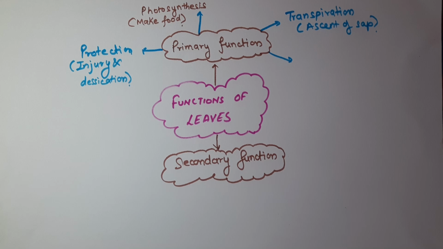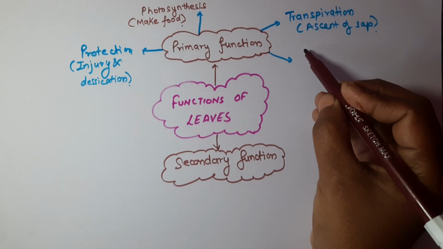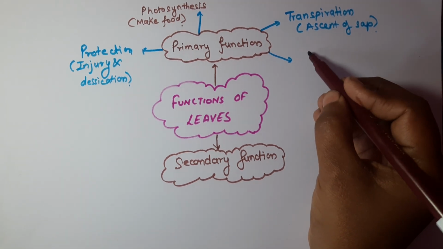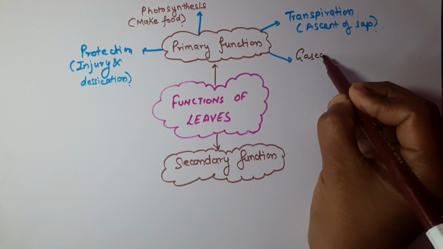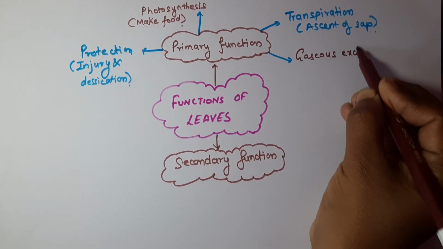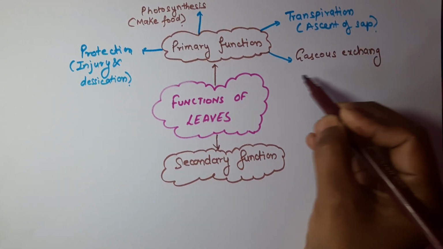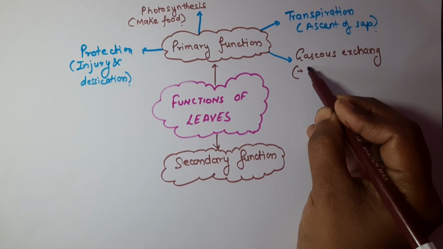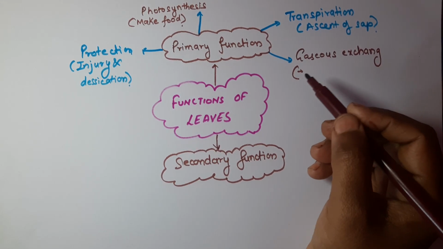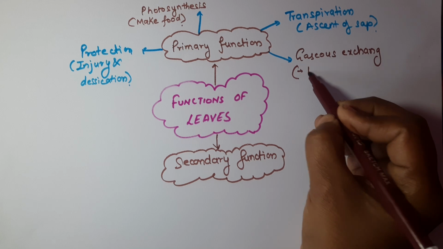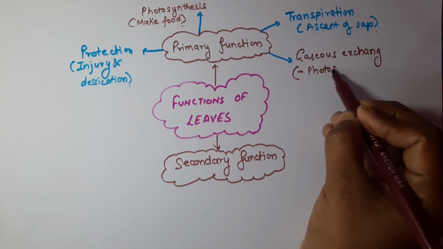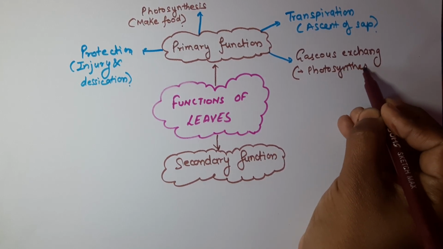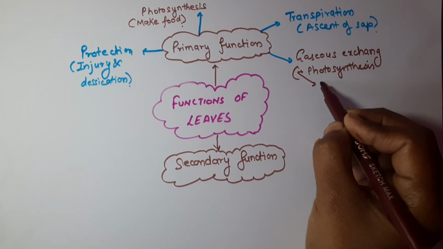And the fourth important primary function of the leaf is its role in gaseous exchange. In which processes does gaseous exchange occur? During photosynthesis and respiration.